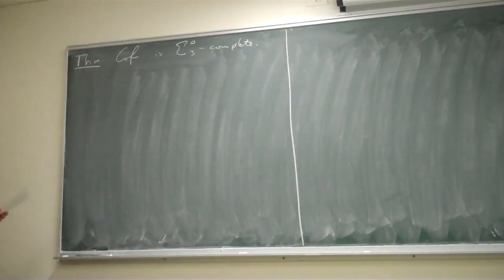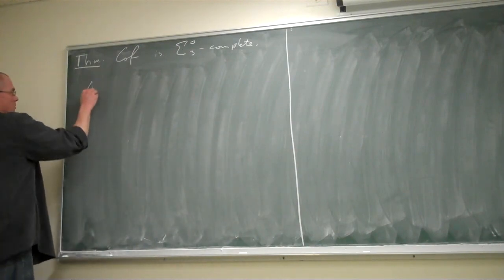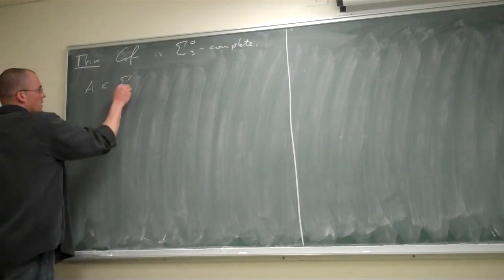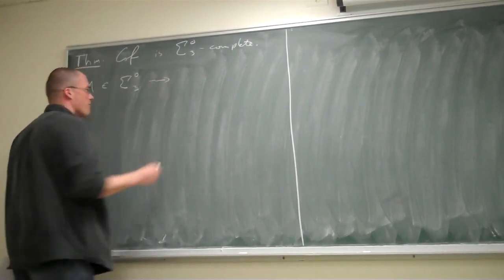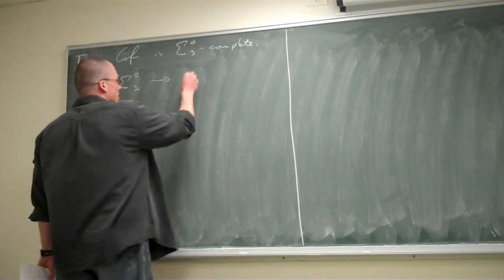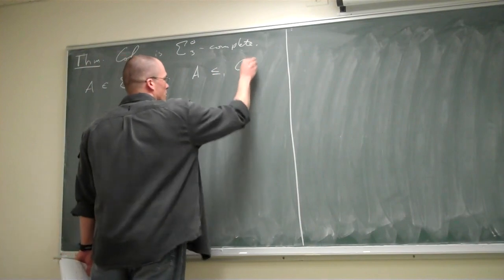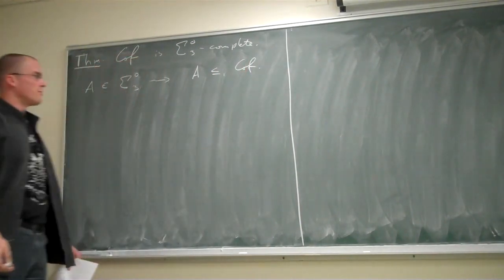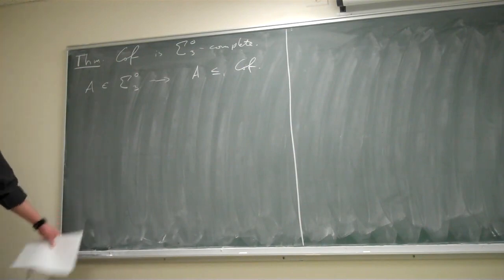And then we said, okay, now that we have this, we have to show that for any A which is in sigma 0, 3, we can find a one reduction that reduces this A to COF. This is the remaining task we have to deal with.